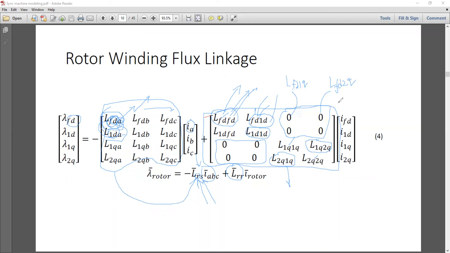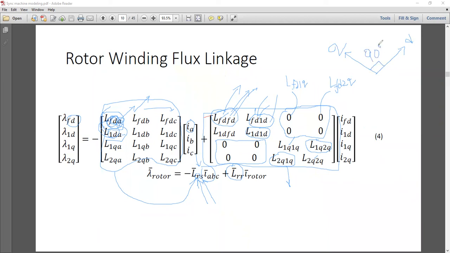No. Sir, I think D axis flux and Q axis flux will not be mutually inductive due to the 90-degree difference.